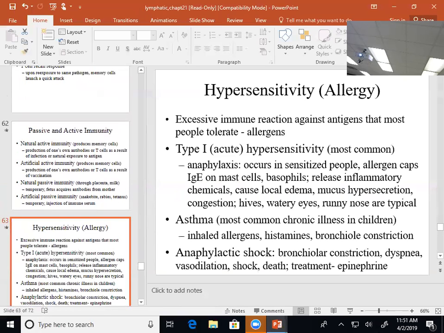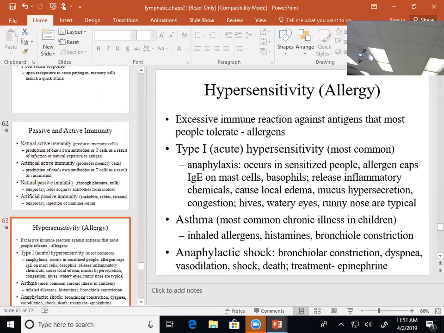Look, so active immunity means that you're making your own response. Active means that you're making your own antibodies, you're eliciting your own cytotoxic T cells, and you're doing it yourself. And one way to have that active immunity is to actually be exposed to something. Won't you have active immunity if you get exposed to something the first time? So that's called natural active.